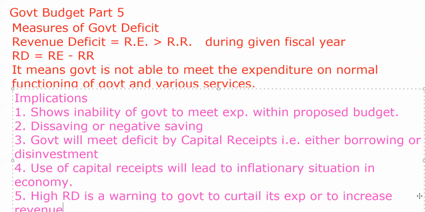Number 1, it shows inability of the government to meet the expenditure within the proposed budget. Secondly, it leads to dissaving or negative saving. Number 3, the government will meet the deficit by capital receipts, that is either by borrowing or by disinvestment. Number 4, use of capital receipts will lead to an inflationary situation in the economy. Number 5, high revenue deficit is a warning to the government either to curtail its expenditure or to increase the revenue parallel to the expenditure.